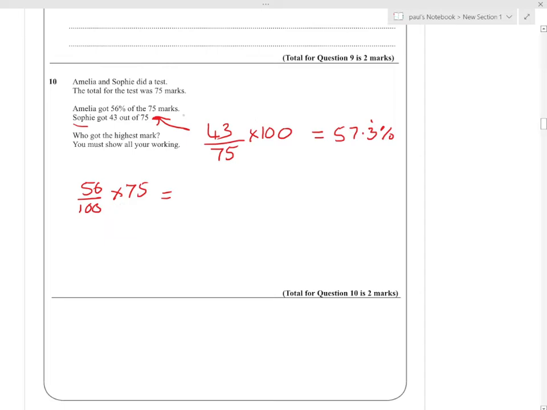So she got 42 marks. See, so Amelia got 42 marks and got 56%. And Sophie got 57. I'll put it over there.